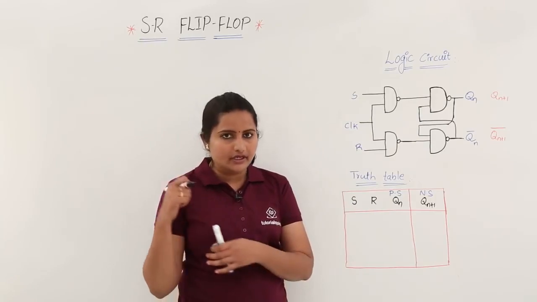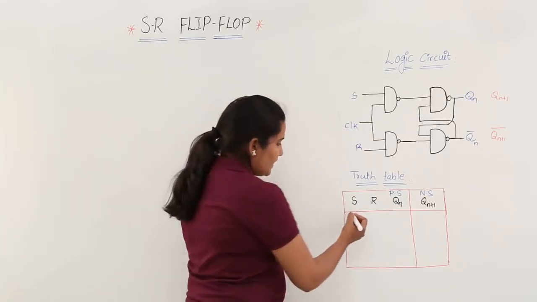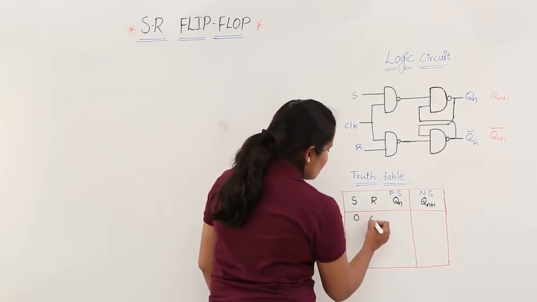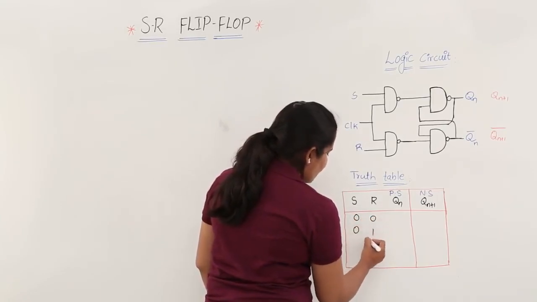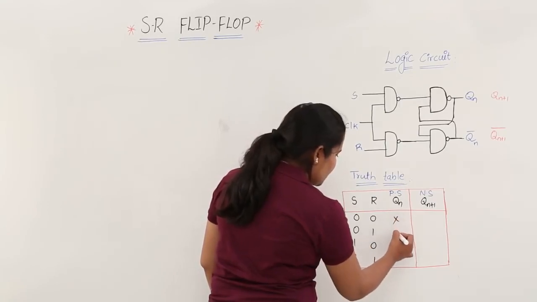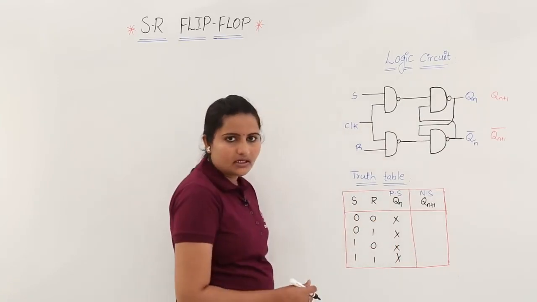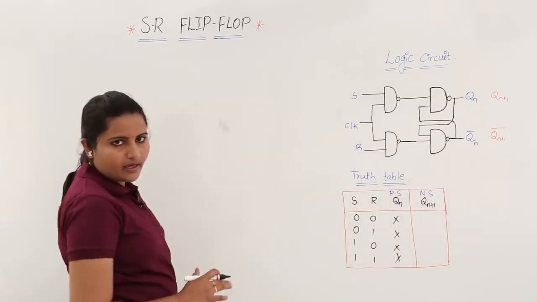Here SR may be 0 0, 0 1, 1 0 and 1 1. We do not know the present state, but we take it as a reference to get my next state, which I am going to define here.